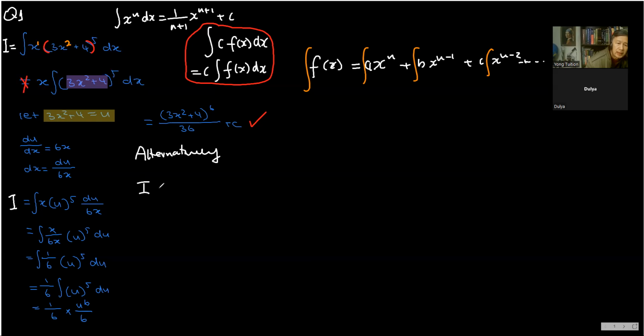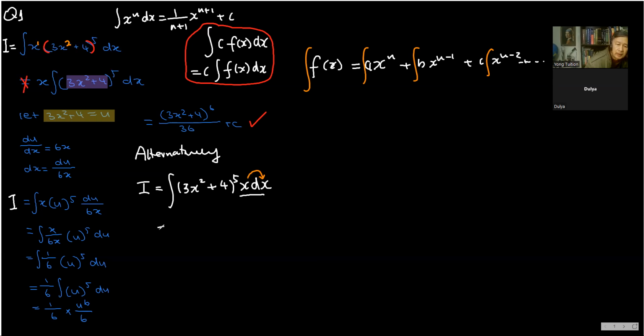First I rewrite this integral. I put 3x squared plus 4 and put x over here. The reason I do this is that I can simply put the x back into the differentiation.